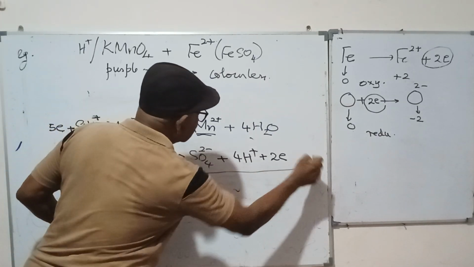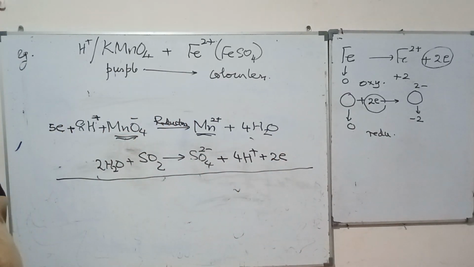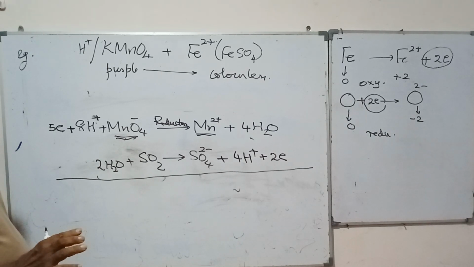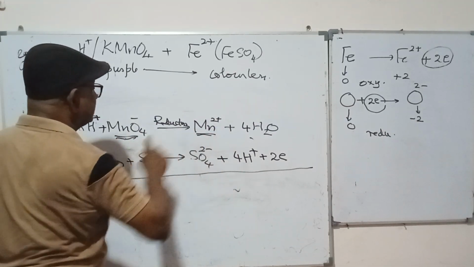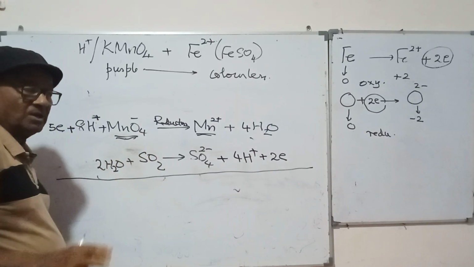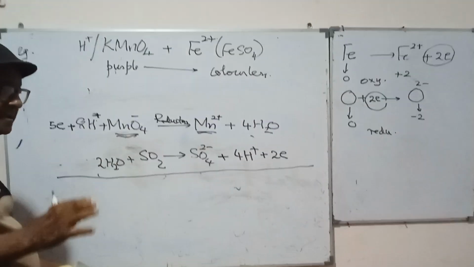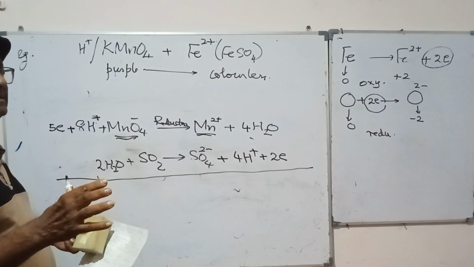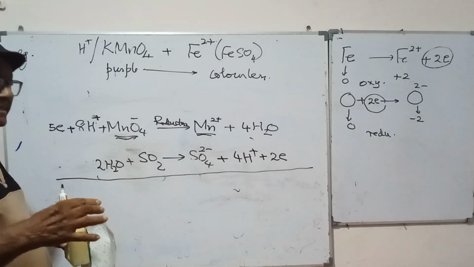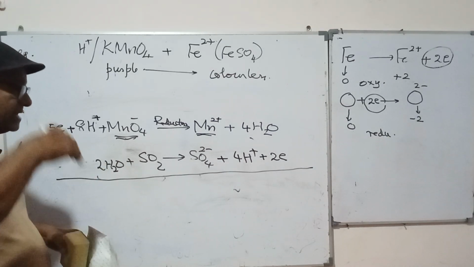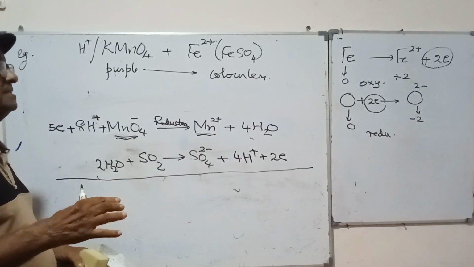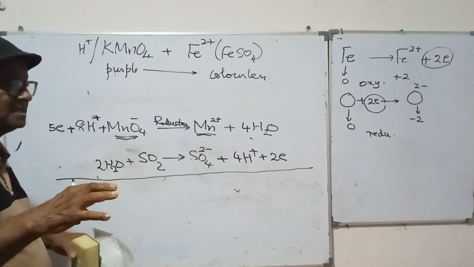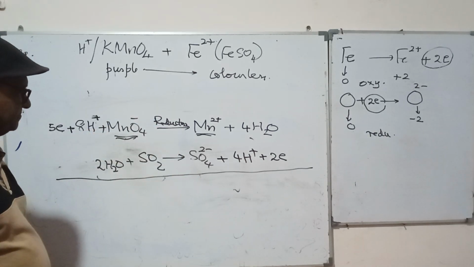Now, I think you are clear how we obtain the 2 half reactions, reduction and oxidation reactions. Always, to balance them, first elements should be balanced. Then to balance the oxygen, you must add water. To balance the hydrogen, you must add H plus to the required side.